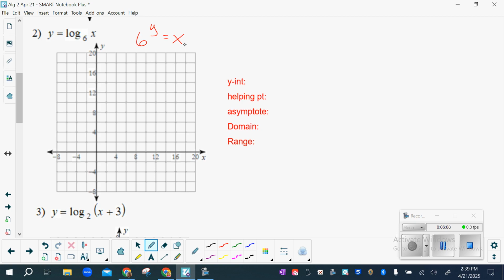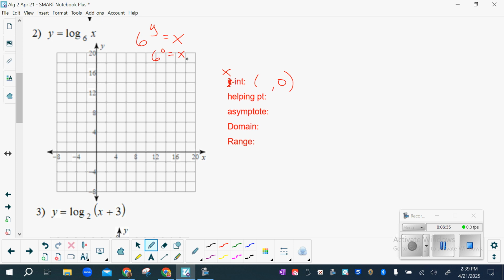Your x-intercept will have a y value of 0. I'm going to put 0 in place of my y. And then what will my x be?